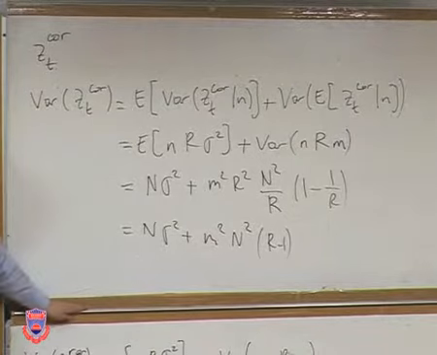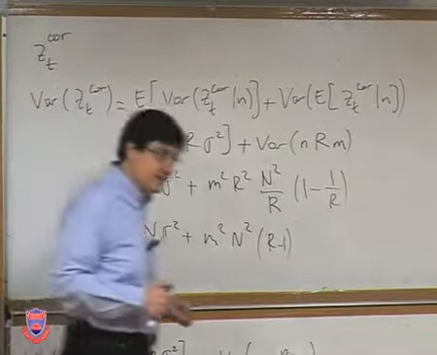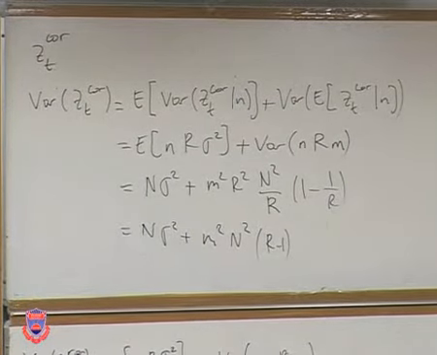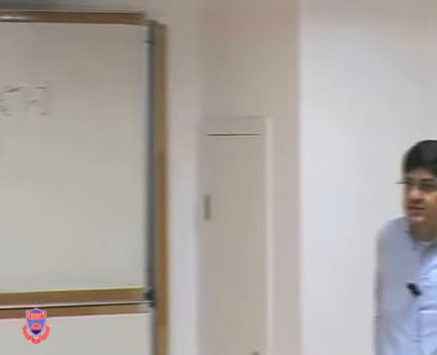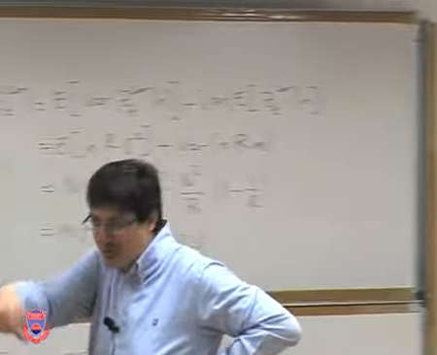Okay. So again, when r is equal to 1, in other words, if we know that we have a review period of 1, then what becomes positive correlation is of no use now, because if r is equal to 1, then everybody is going to order on the same day, and we know that.